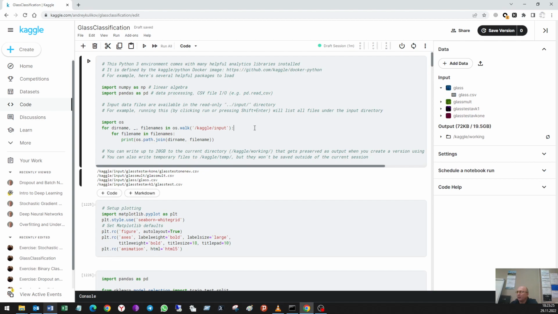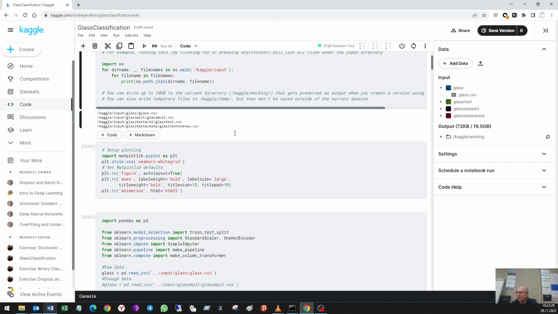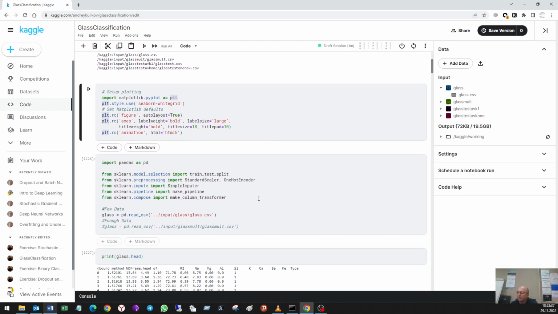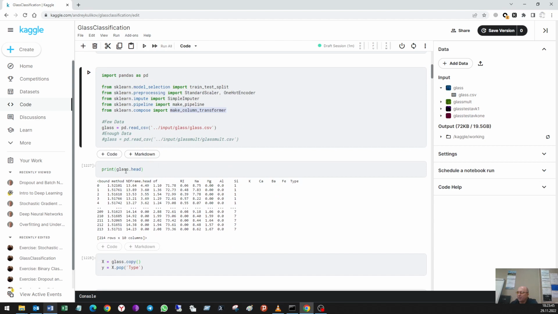So I do it on Kaggle. Here is the starting code. Here is the code for plotting. Here I load the data set and I see it can be done.